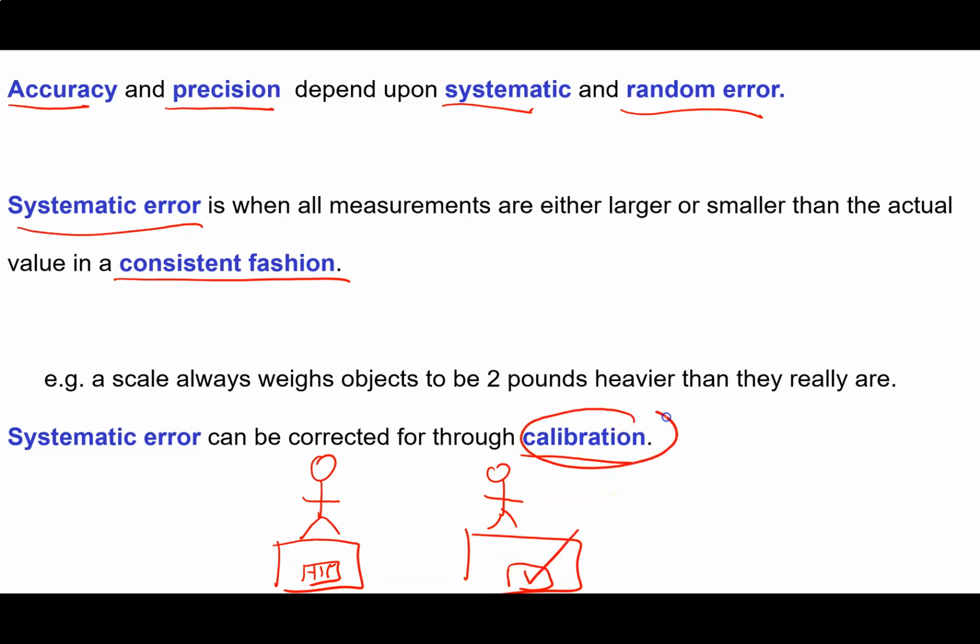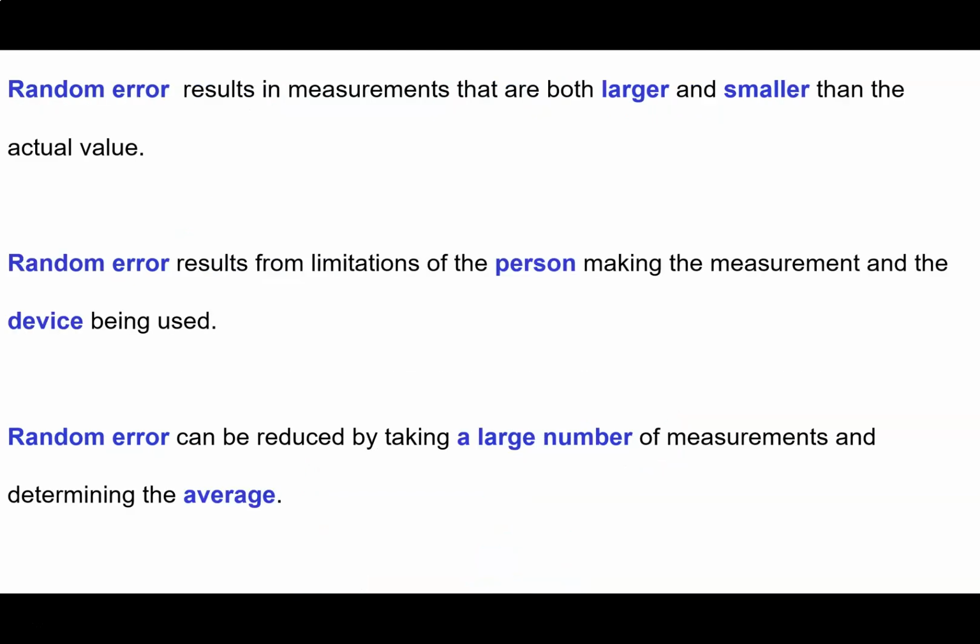So systematic error you get rid of through calibration. Sometimes you'll measure a standard and make certain that your measuring device is measuring the correct value, and if it isn't, you'll adjust your measuring device either up or down.